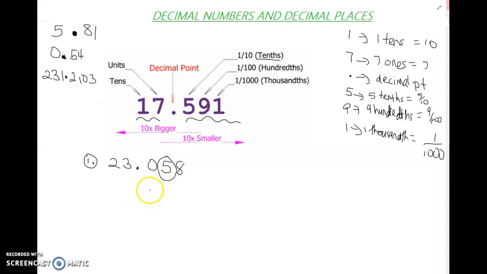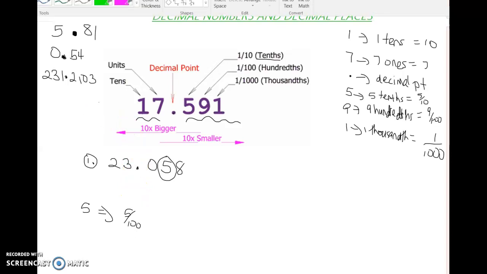Now remember, after the decimal point, it's tenths, 1 over 10. After that is hundredths. So this 5 here is really 5 over 100. Now, sometimes you might forget this.